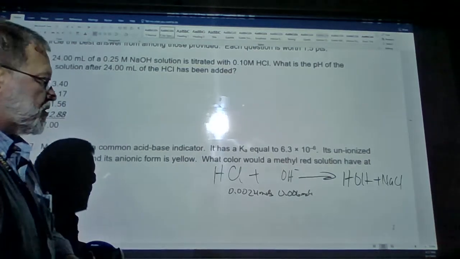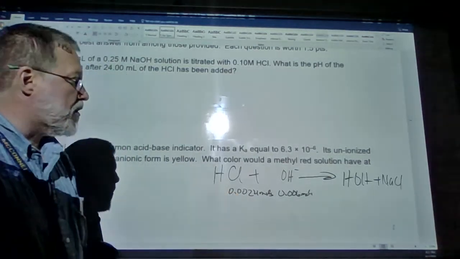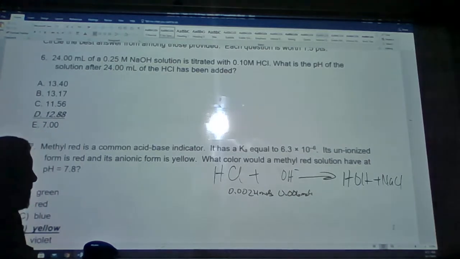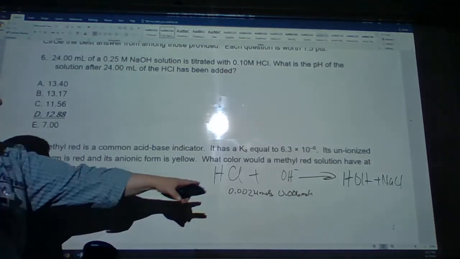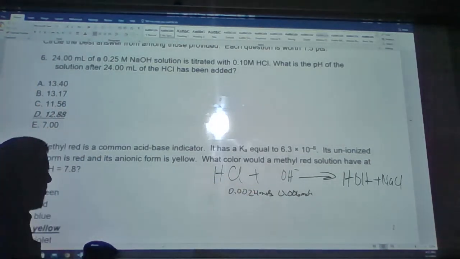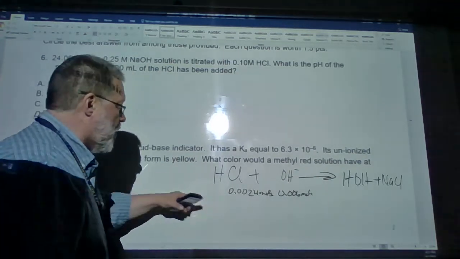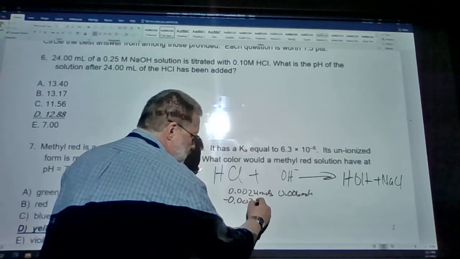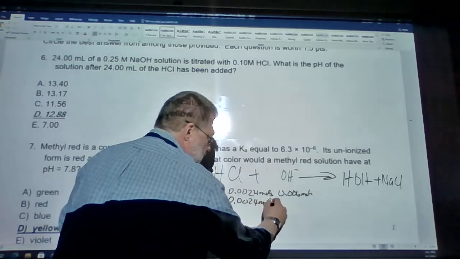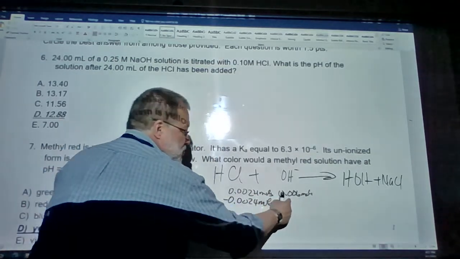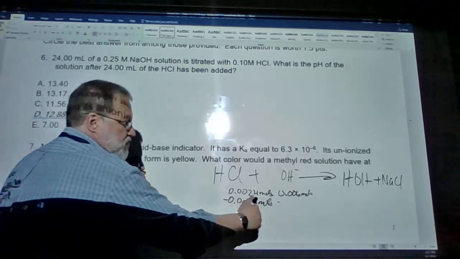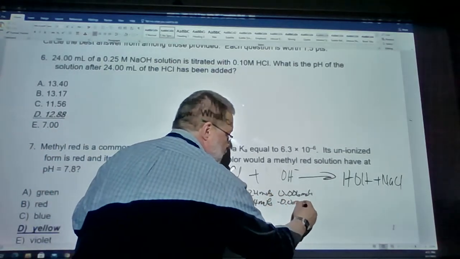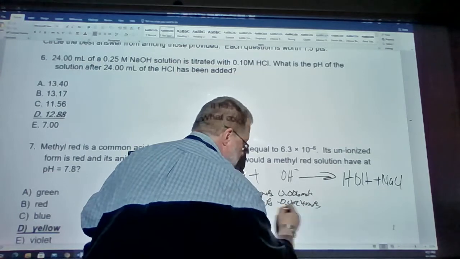Well, what is larger, 0.0024 or 0.006? Well, 0.006 moles is larger. So we consume all of our HCl, but we don't consume all of the OH minus. We only consume 0.0024 moles.